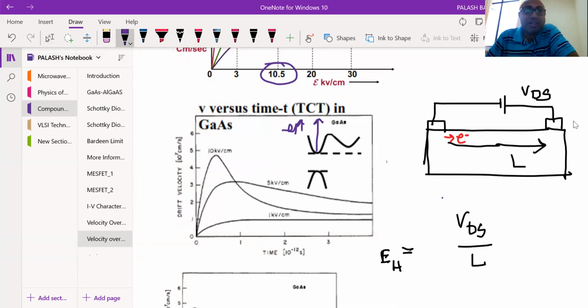And since it travels, the electron stays here for some time.